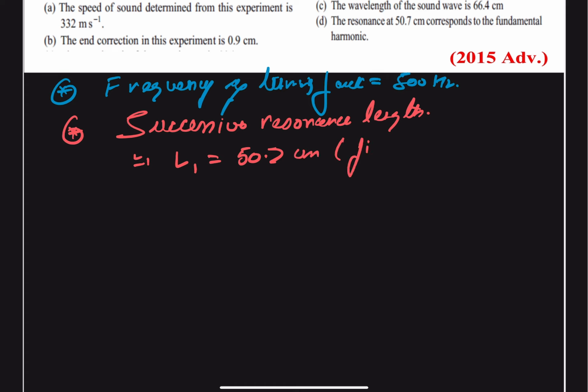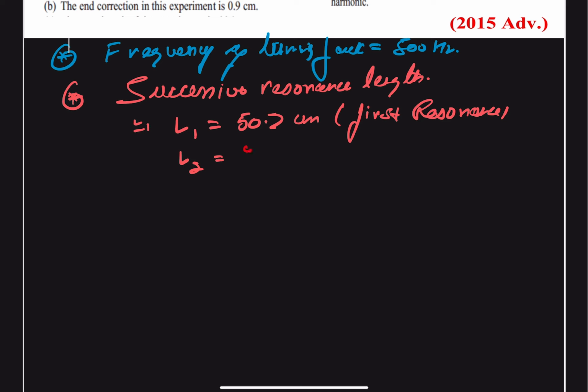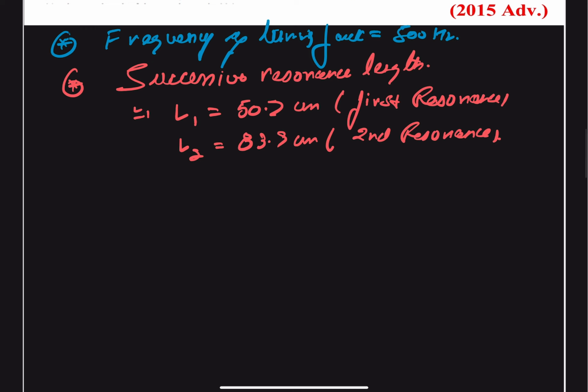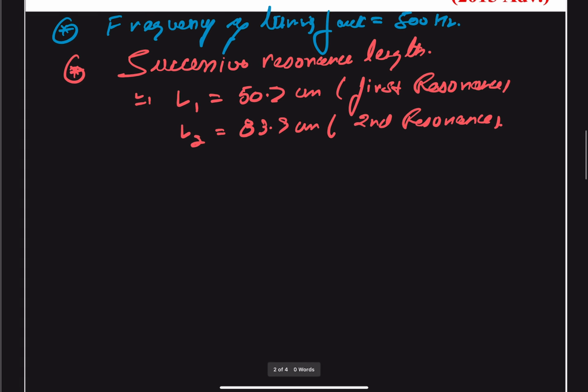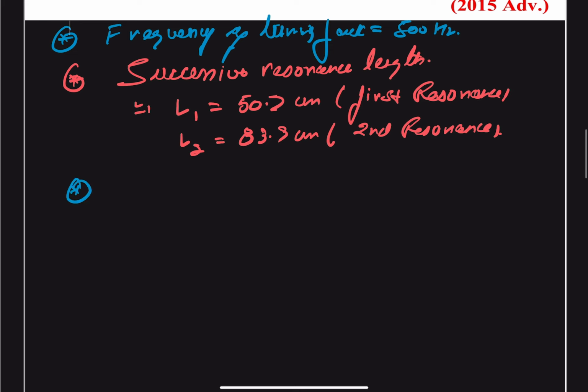This is our first resonance, and we can write the second one as L2, which is our 83.9 centimeters, and this is our second resonance. So based on these two, L1 and L2, let's calculate the wavelength, which we are calling lambda.